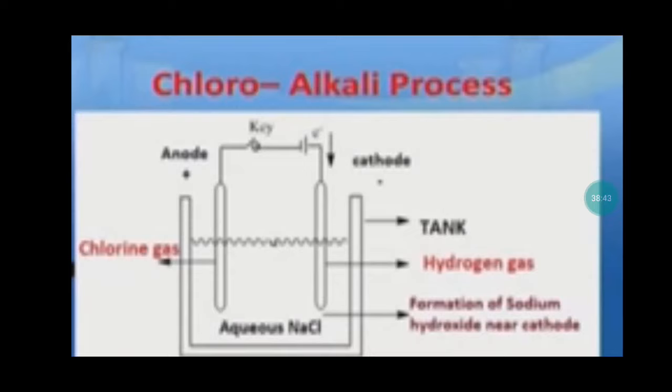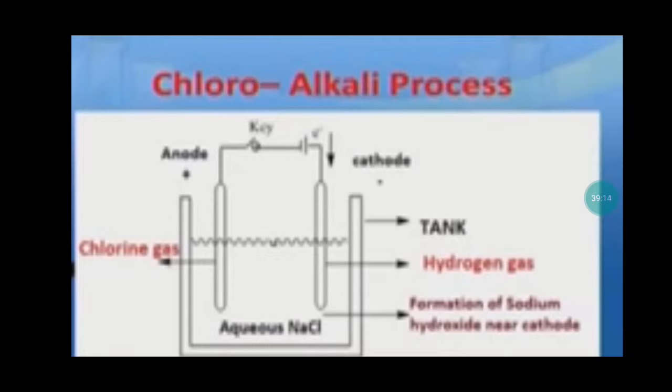And now we are getting the formation of Na. In the aqueous solution, the water molecule is also involved in this reaction. Water dissociates into H plus ions and OH minus ions. Now you see, these Na plus ions combine with the OH minus ions. It leads to the formation of sodium hydroxide.